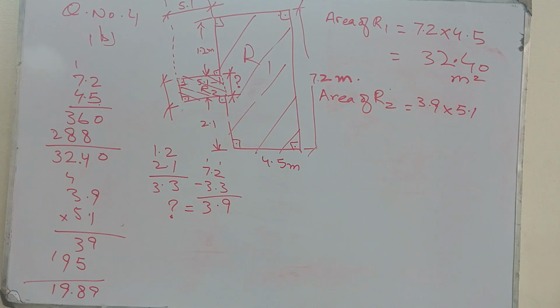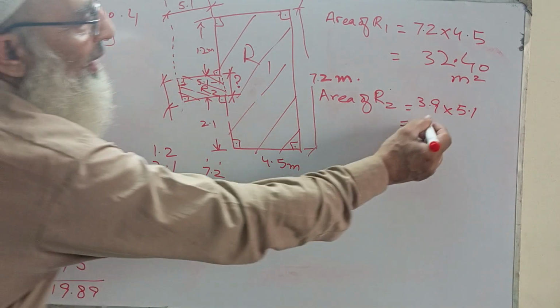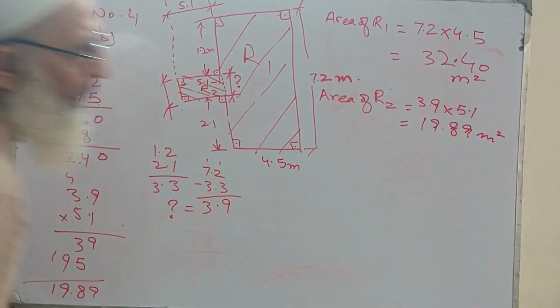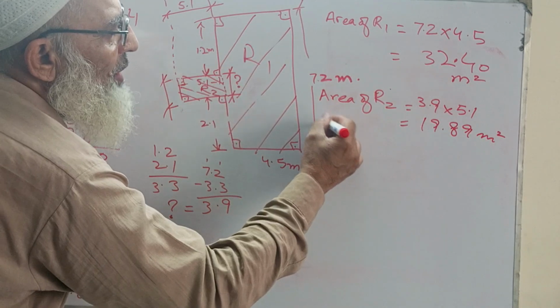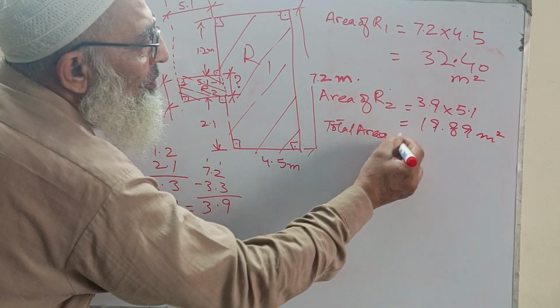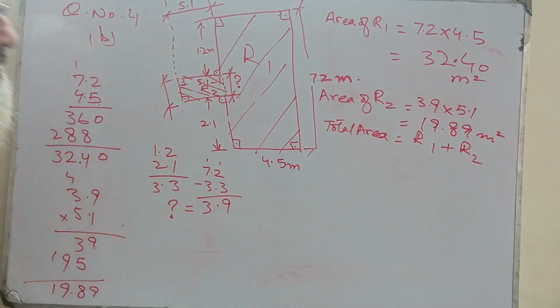3.9 multiplied by 5.1 is 19.89. It is correct. So it will become 19.89 meters square. Now the total area is equal to R1 plus R2, which is 32.40 plus 19.89.